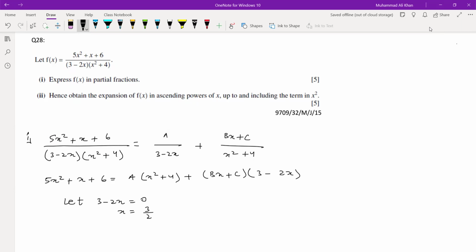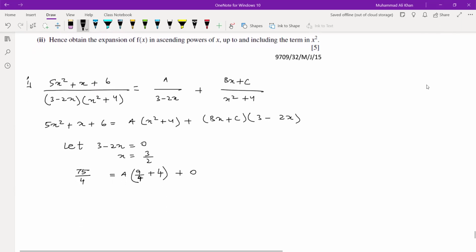It is 75 upon 4, and the right hand side is A times (9 upon 4 plus 4), plus the second term is 0.